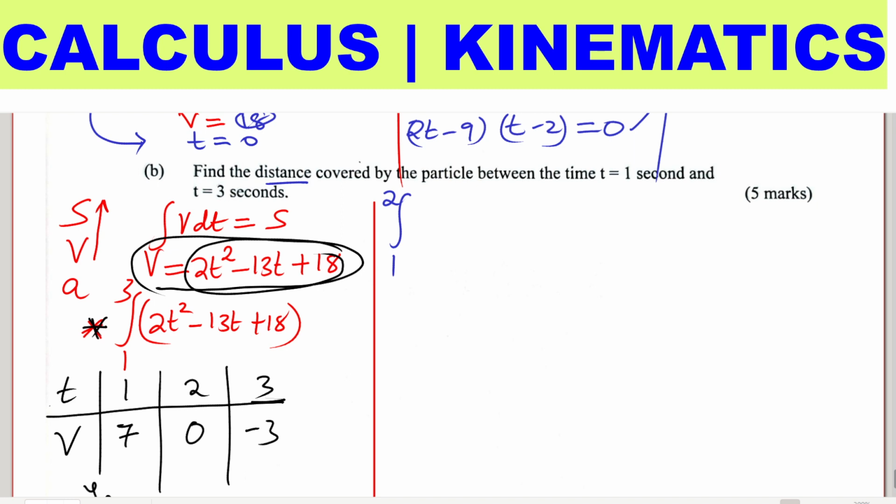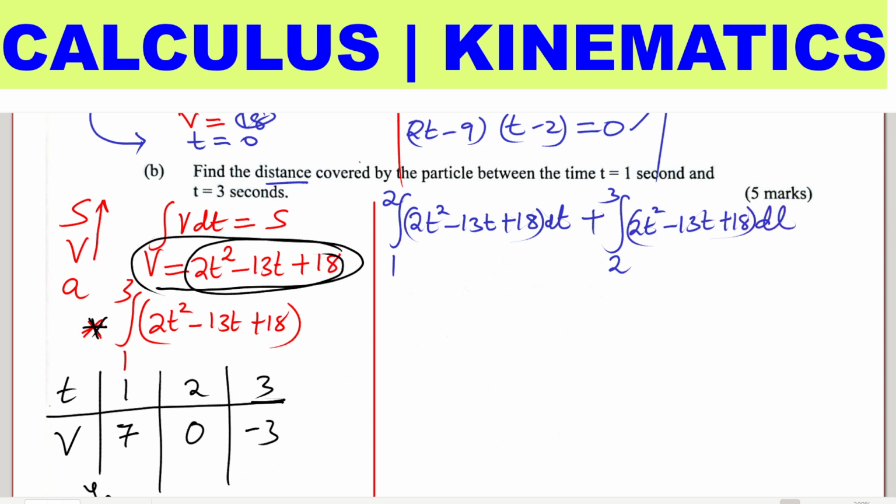So integrate velocity, you get distance. This is 2t squared minus 13t plus 18 with respect to t. Then you add the area between 2 and 3, integrating the same, 2t squared minus 13t plus 18 with respect to t. So that is what you're supposed to do.